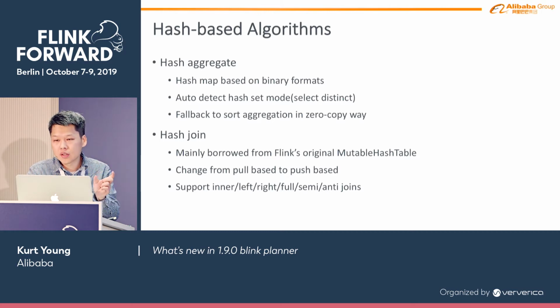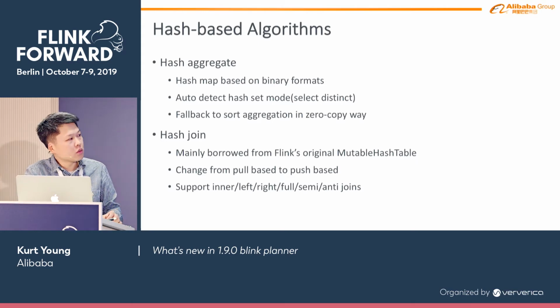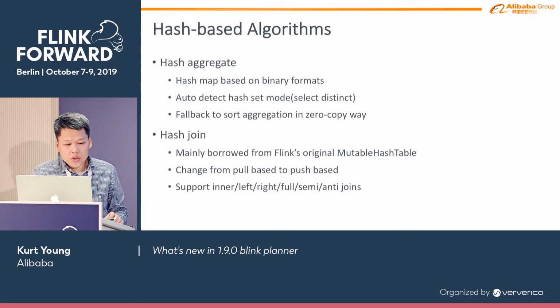In place, we can sort it and do a sort aggregate update. It's very efficient. Besides the hash aggregator, we introduced a hybrid hash join, which is also very similar to Flink's original one. We also changed it from pull-based to push-based, and we did some extensions to make it support all kinds of joins.